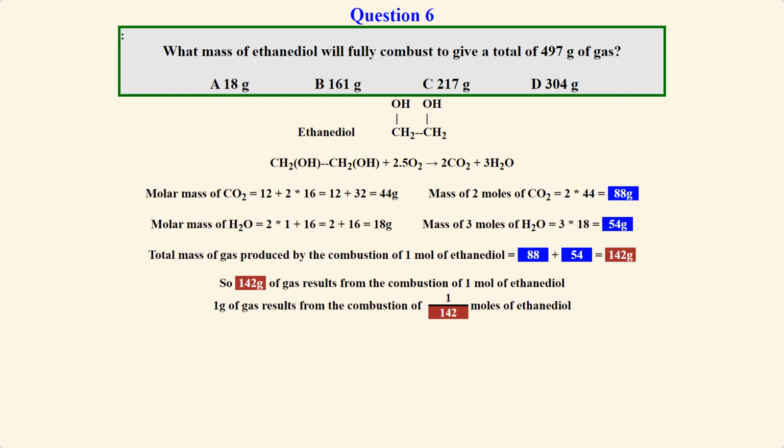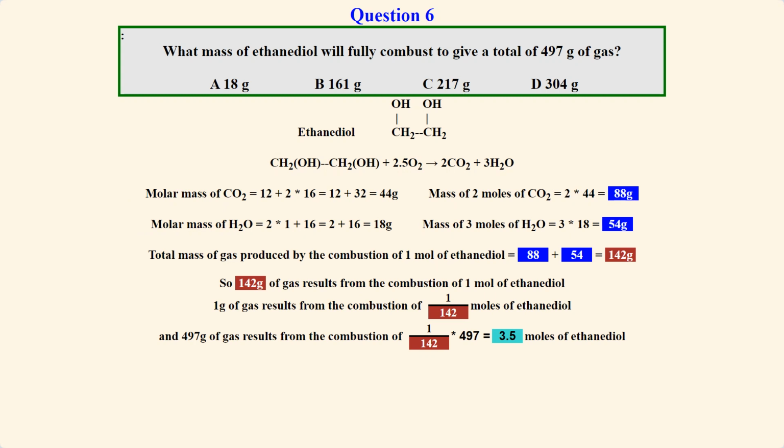And now we multiply by 497 to get to 497 grams. So clearly we've got to multiply this fraction on the right by 497 as well. And that gives us 3.5 moles. So that's the number of moles of ethane diol that we must start with to get 497 grams of gas when we combust it.